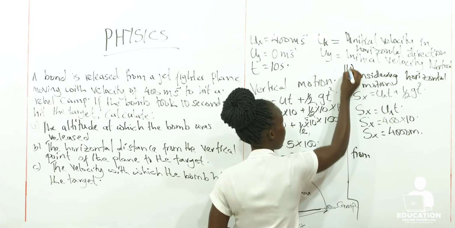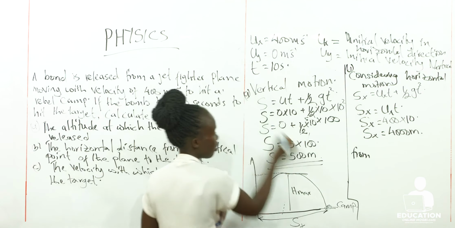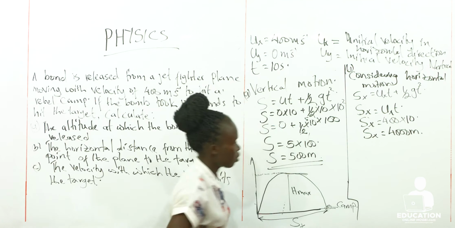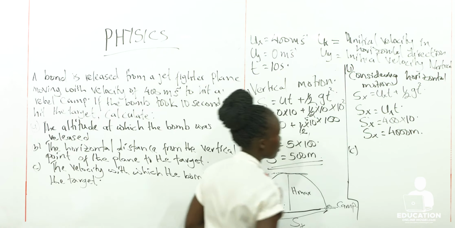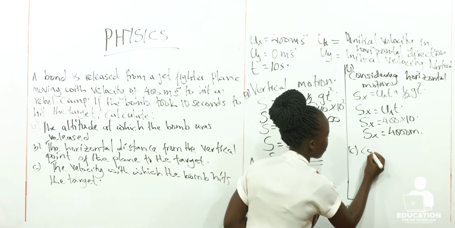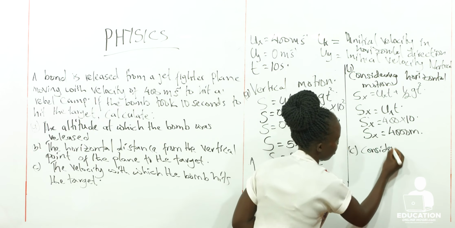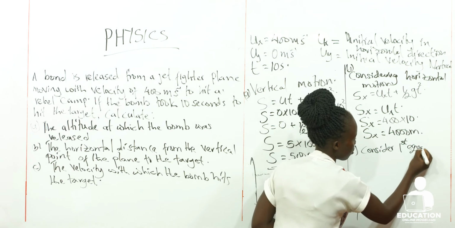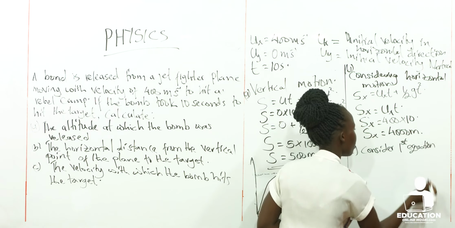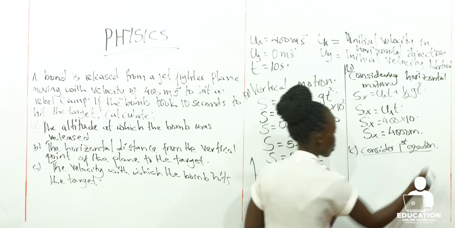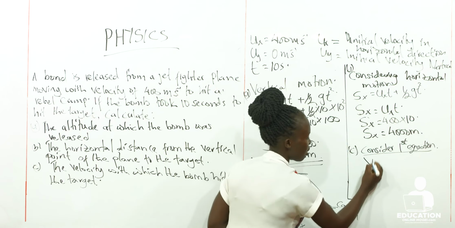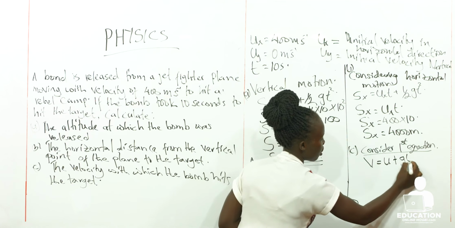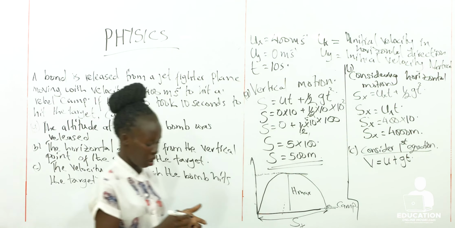This is the B, and this is for A. With C we are going to consider the first equation of motion. The first equation says that our V is equals to U plus GT.